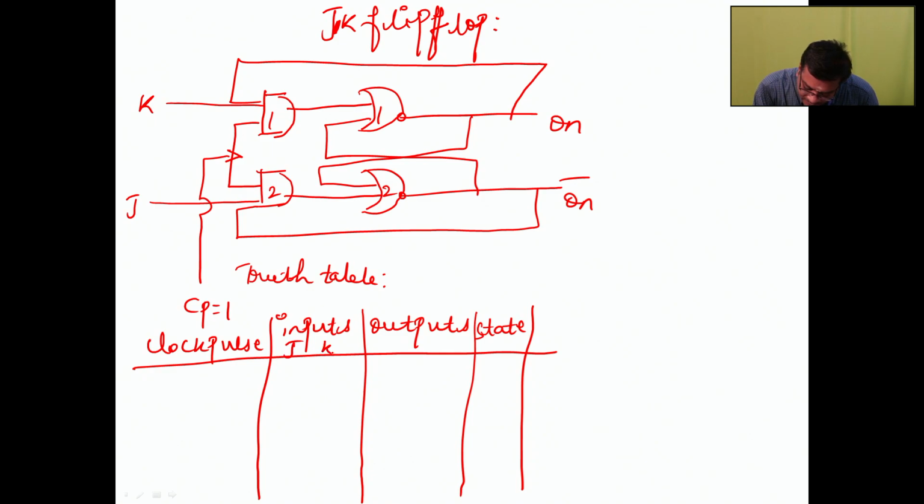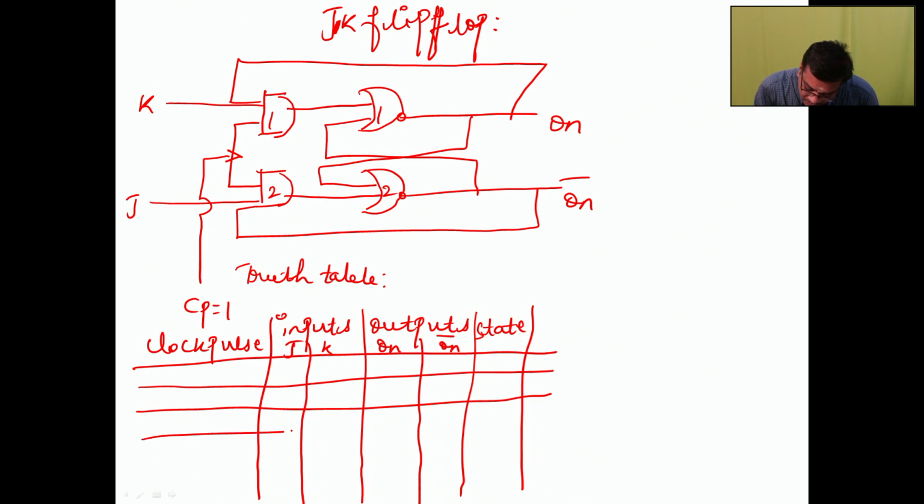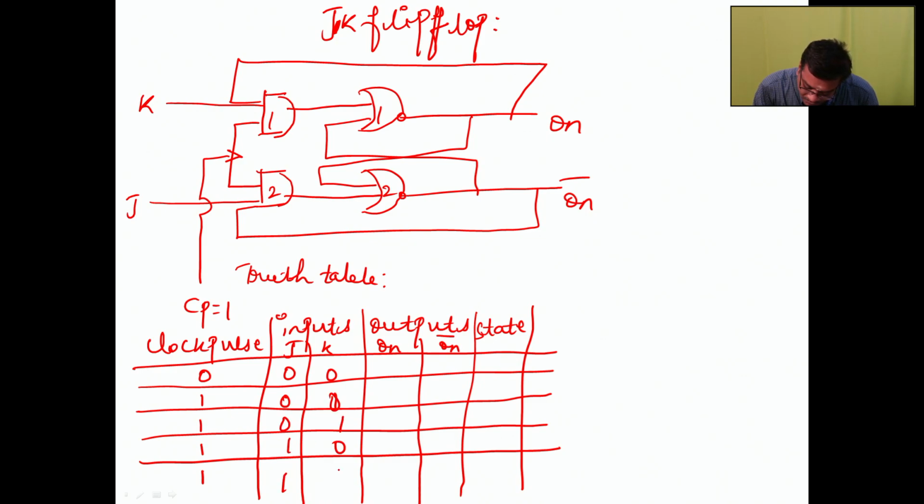Inputs J and K, outputs Qn and Qn bar: 0 1 1 1 0 1 1 1 1 0 0 0 1, again 0 0 0 1 1 0 1 1. Then the characteristics table.